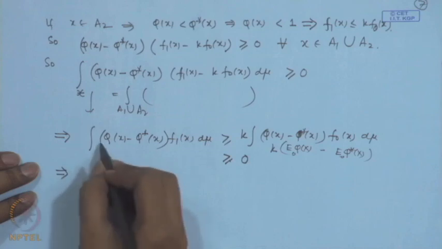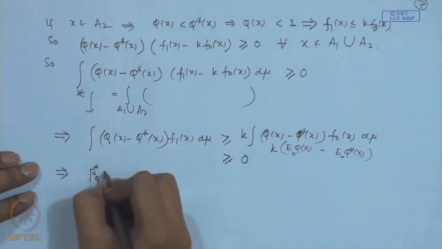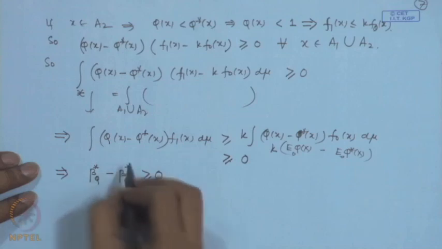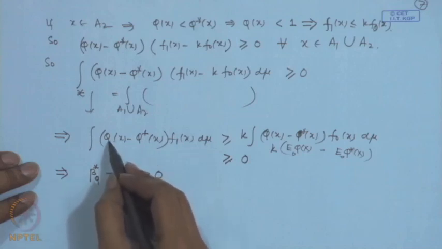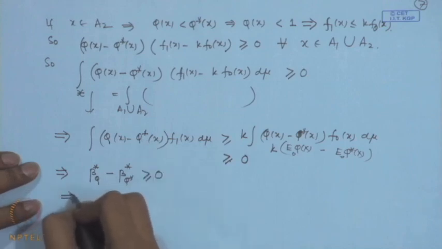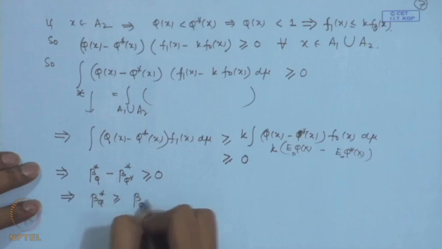Now, the left hand side is nothing but beta phi minus beta phi star, which is greater than or equal to 0. That is the power of the test function phi and this is the power of the function phi star. So, this means that beta phi is greater than or equal to beta phi star.